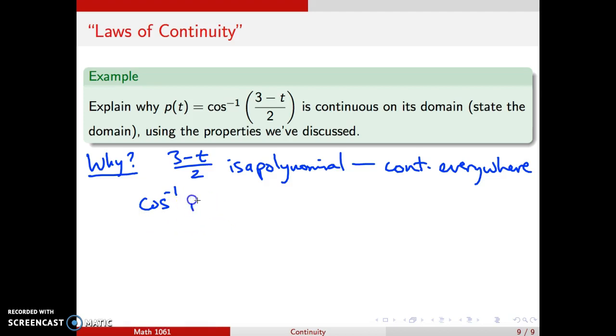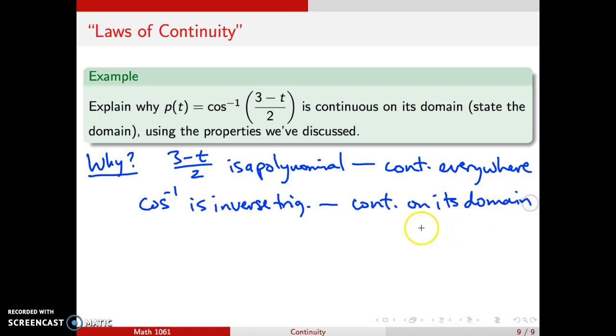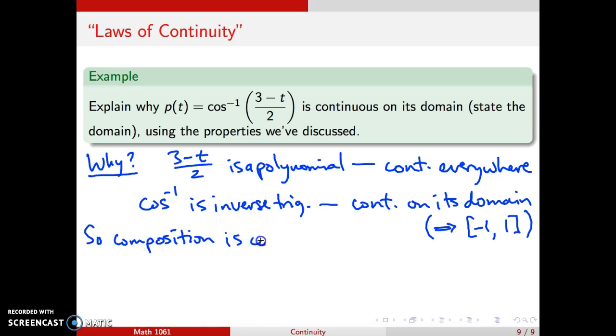And inverse cosine is an inverse trig, and that's continuous on its domain, which is from -1 to 1. And so the composition is continuous. And that composition is just exactly that function.